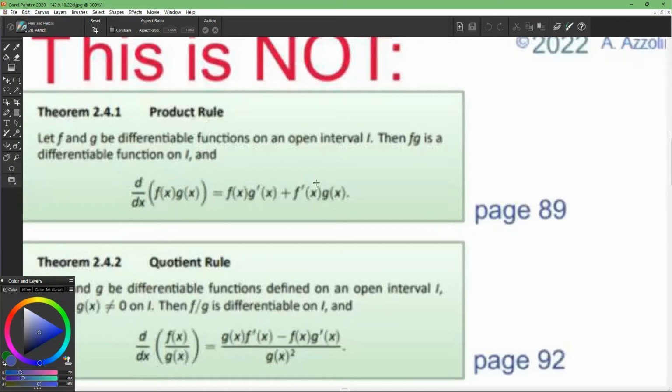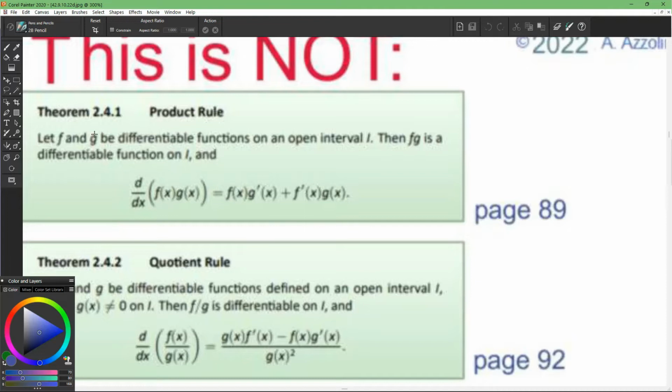And he's positioned his terms in an order that I don't prefer. By commutativity of multiplication and addition, I'm going to soon sing it the way I prefer it, so it parallels the quotient rule as much as possible. So the songs will be similar.